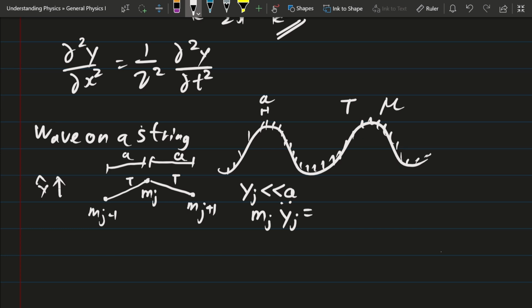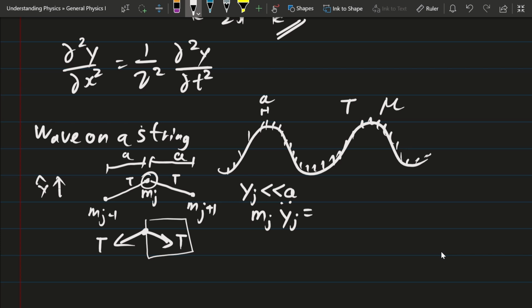So what are the forces on this mass j? You could see that there are two different forces, one going in this direction, the other going in that direction, each with a magnitude of T. So let's describe this part here.